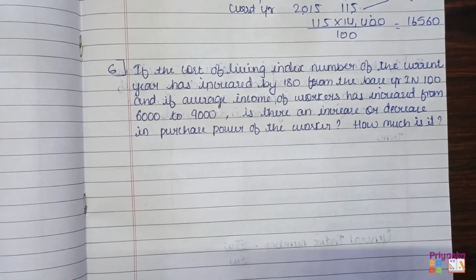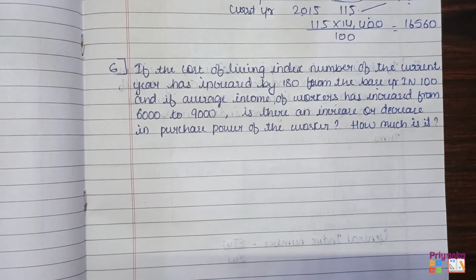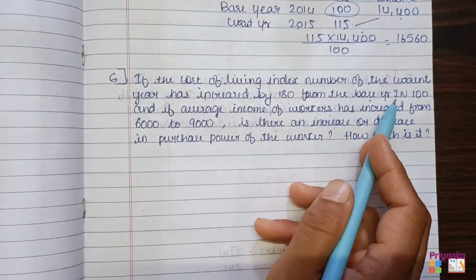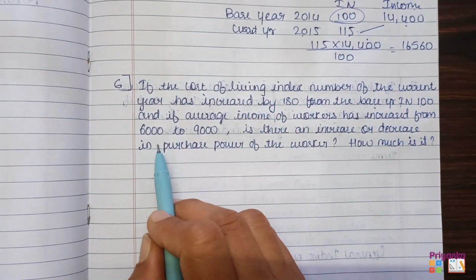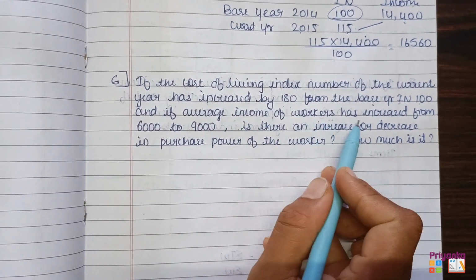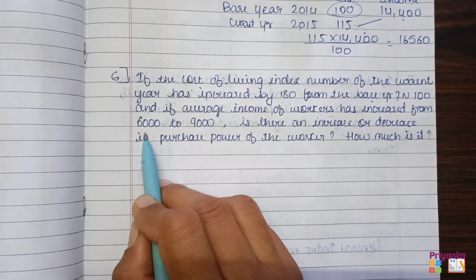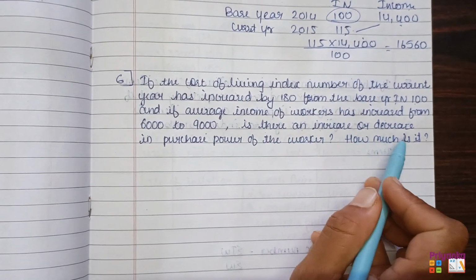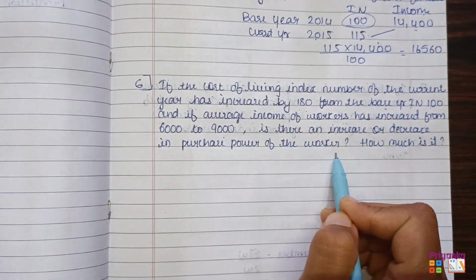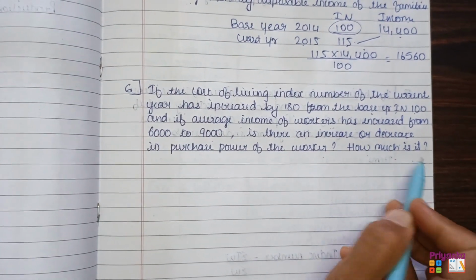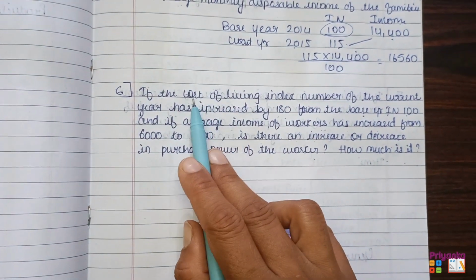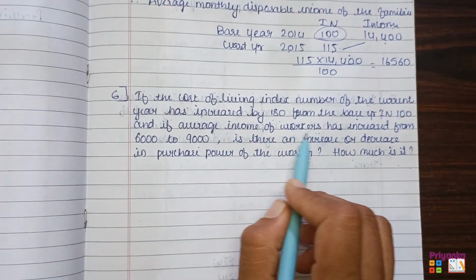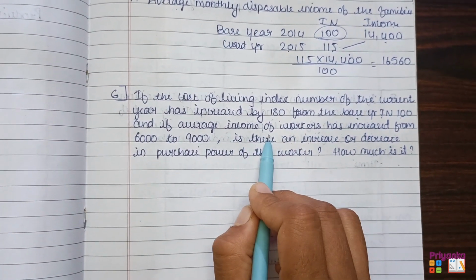If the cost of living index number of the current year has increased to 180 from the base year index number 100, and if the average income of the worker has increased from 6,000 to 9,000, is there an increase or decrease in the purchasing power of the worker? How much is it? Here again they told you to find out the cost of living index number and the increase in the average income of the worker.